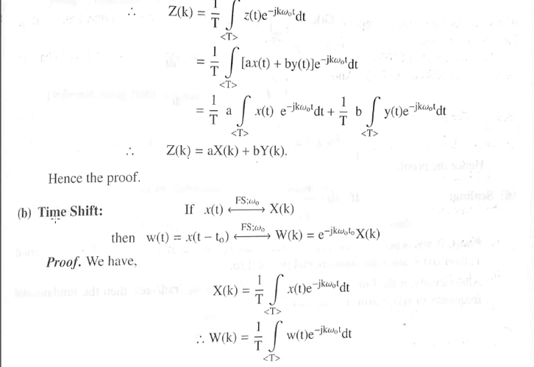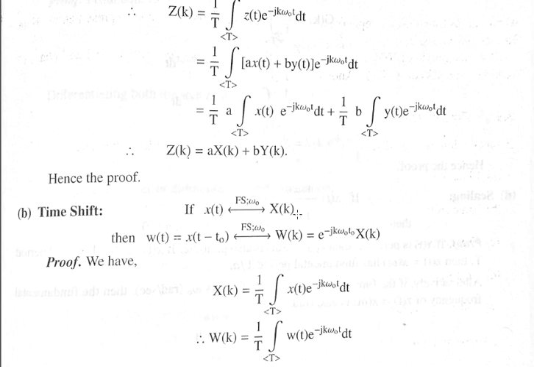Then the next one is the time shift. We are all familiar with the time shifted version of a signal. The signal x of t minus t naught is the time shifted version of x of t. Hence a time delay or a time advance is referred to as a time shift.